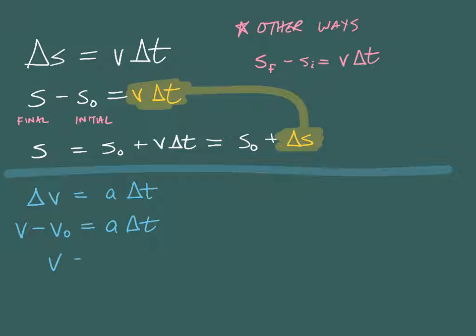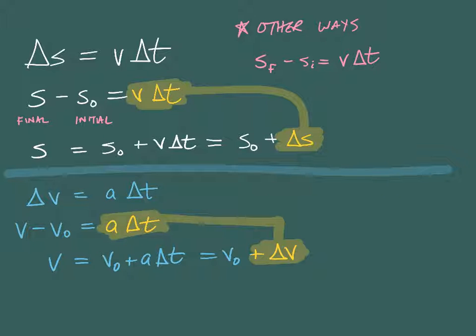And then we want to do the same thing, isolate it. And of course, that's V naught plus delta V. And once again, this change is encoded by that set of parameters in a product relationship.